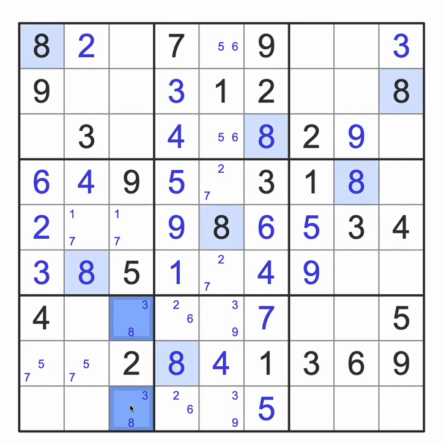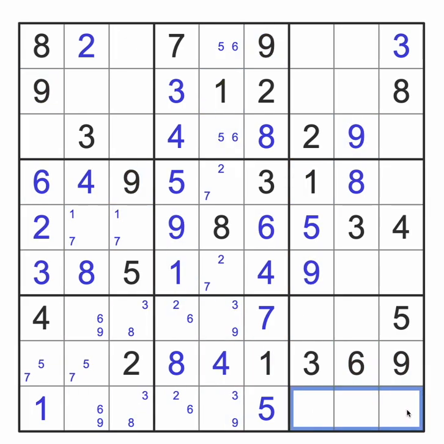So I have to fit 3 and 8 in these 2 cells. And that means these cells will be filled by 1, 6, and 9. And this cell is already blocked by 6 and 9. Make it 1.